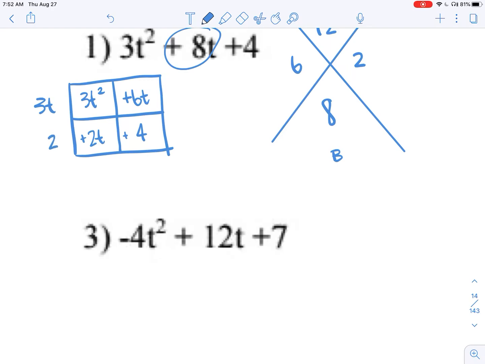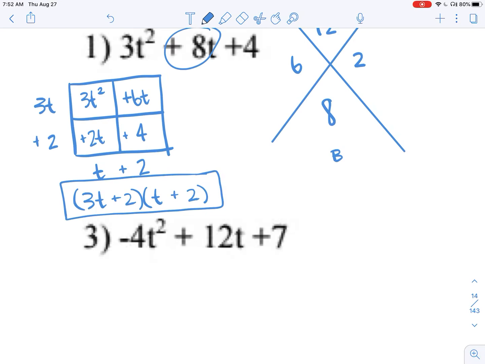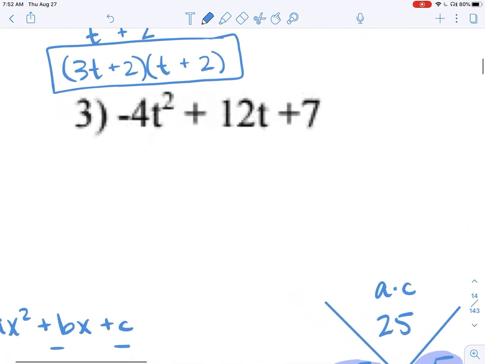I have a positive 2 here. 3 and 2 is 1. T and t squared have t in common, and then a 2 here as well. Because everything is positive, that's our answer: 3t plus 2, t plus 2. Remember to check your answer. You can FOIL those two, and you should end up back where you started.